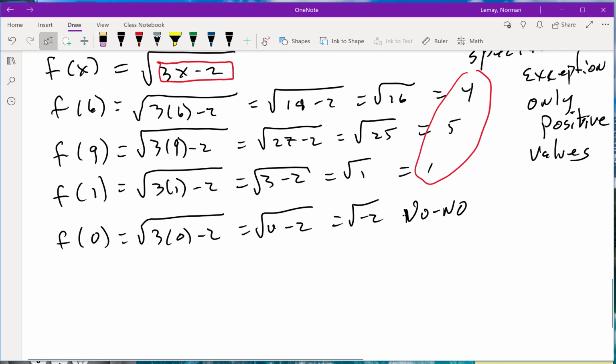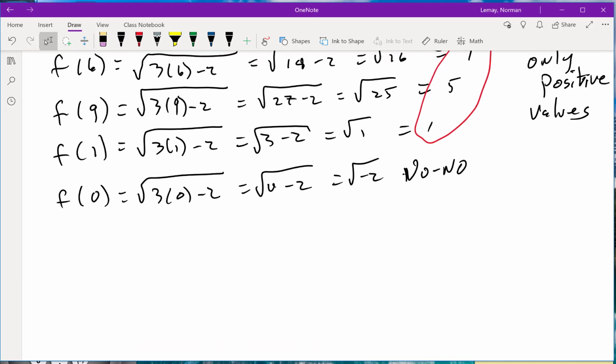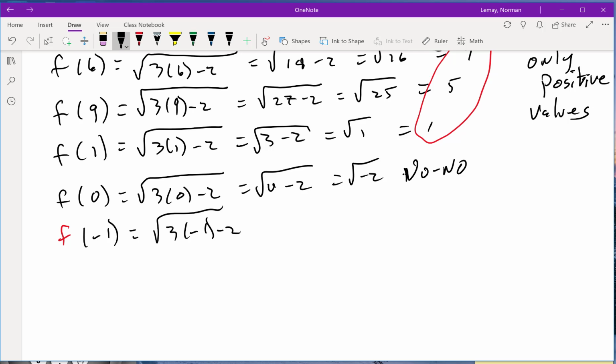If we take a look at f of negative 1, we get the square root of 3 times negative 1 minus 2, which is the square root of negative 3 minus 2, the square root of negative 5. Again, that's not a valid value.